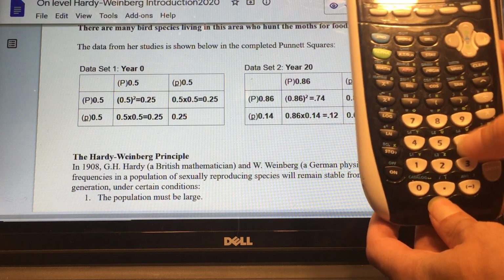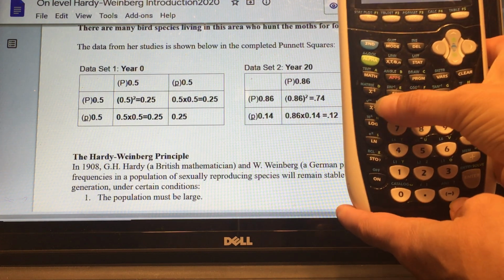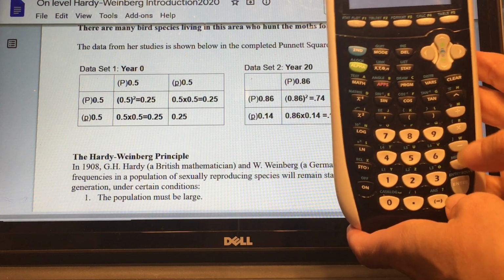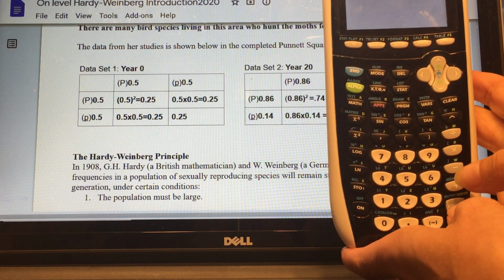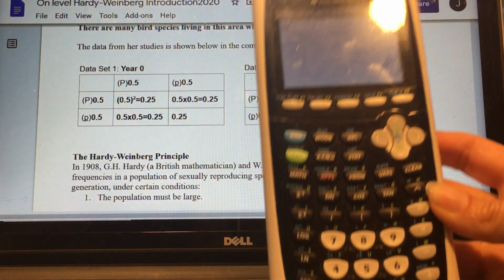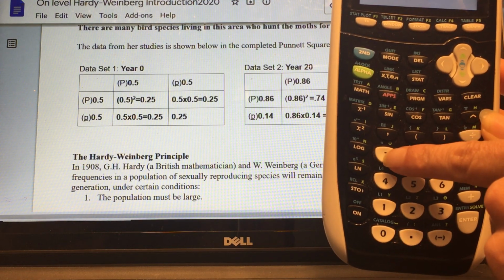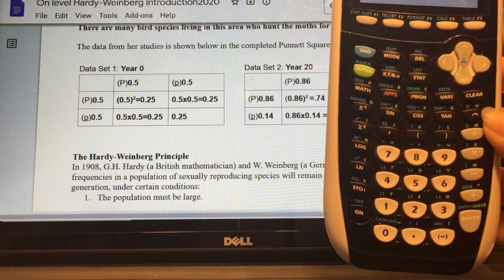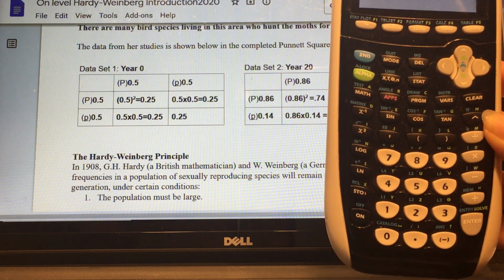To do 0.5 squared, we hit the x squared button and hit enter, and it's 0.25. The button we're using is diagonal and up to the left of the 7, right above the log button. You're going to be using this button a lot.